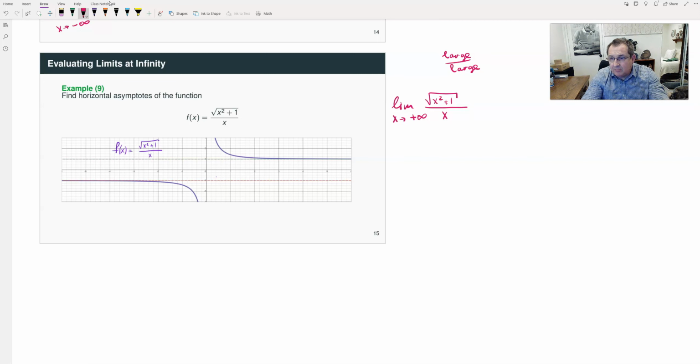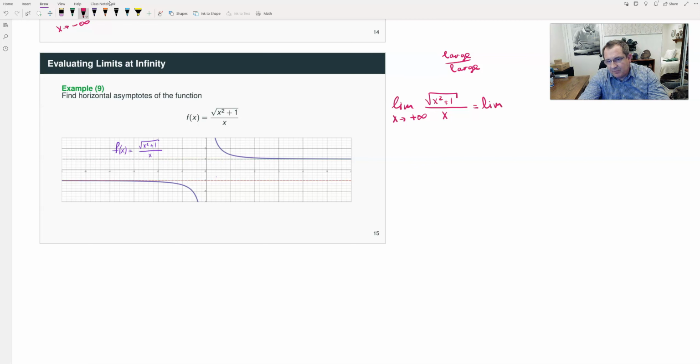And our favorite approach is to divide by a power of x. In this particular case, you can try to go ahead and divide by a power of x in both numerator and denominator. Now, it turns out that in this case, we don't really have to introduce additional division because our expression is so simple. We can work with that expression directly. So what are we going to do?